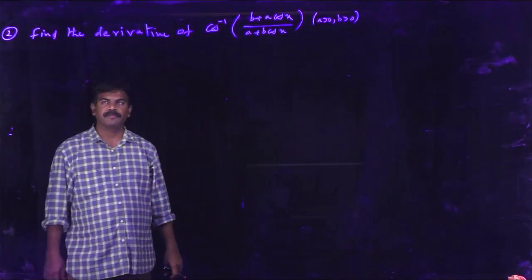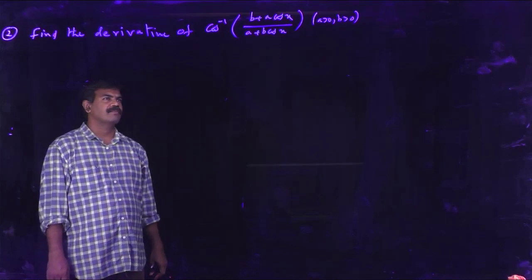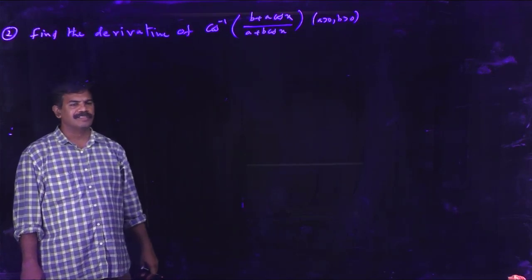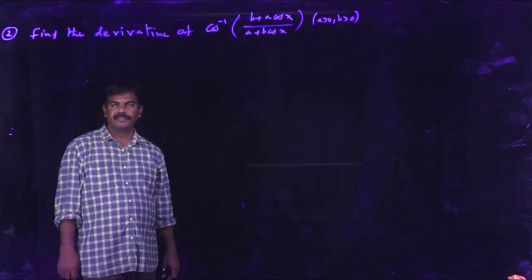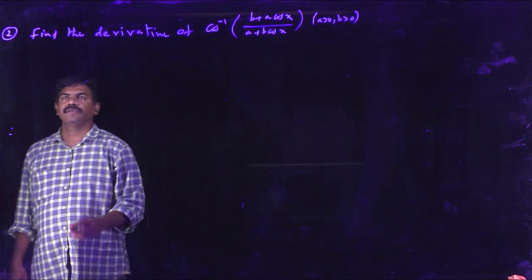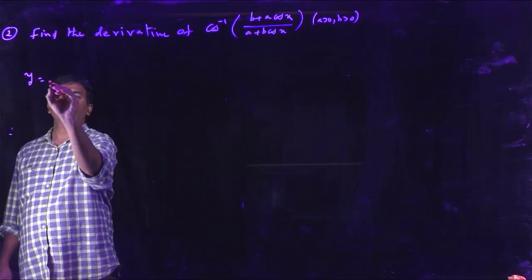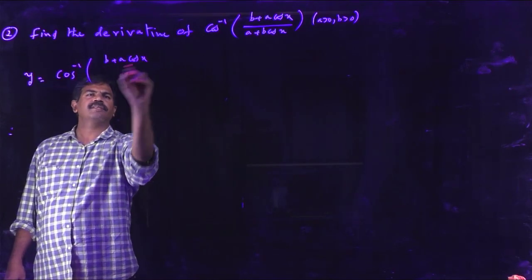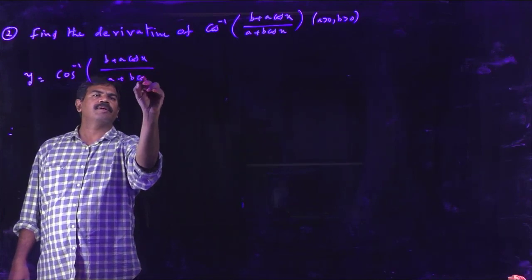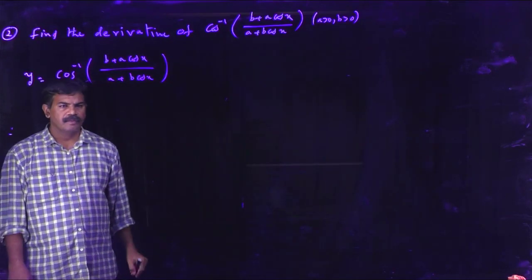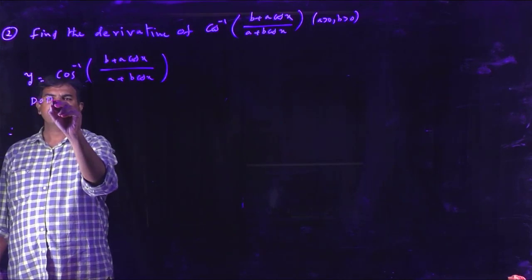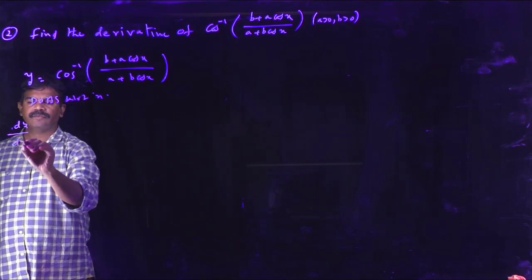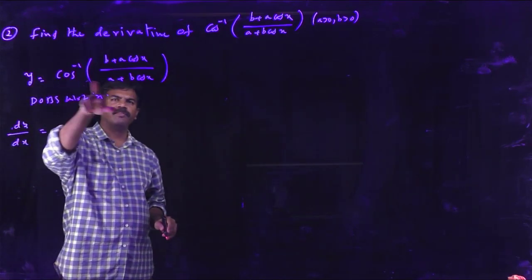See another problem. Find the derivative of cos inverse of (b plus a cos x) by (a plus b cos x), where a greater than 0 and b greater than 0. Now take the function y is equal to cos inverse of (b plus a cos x) by (a plus b cos x). Differentiating on both sides with respect to x, that is dy by dx is equal to, here also it is in the form of cos inverse x.